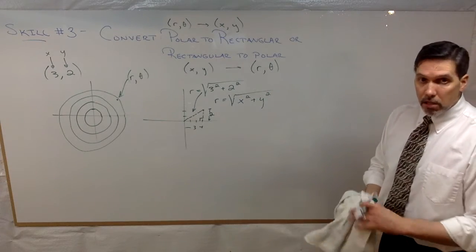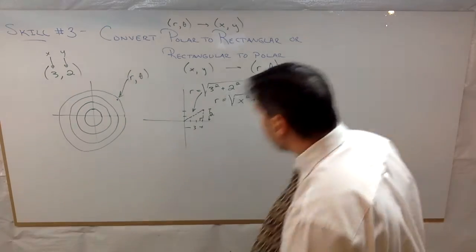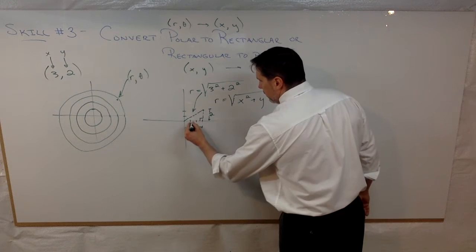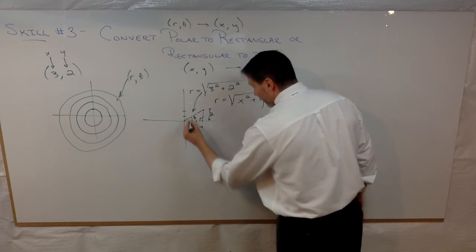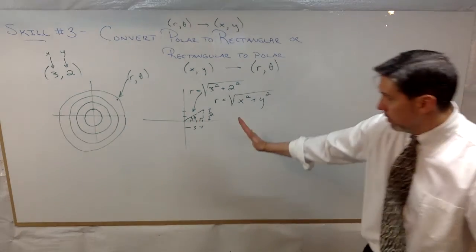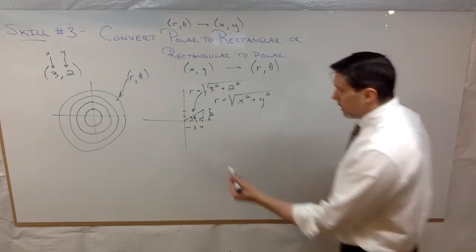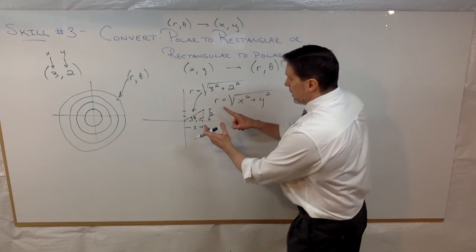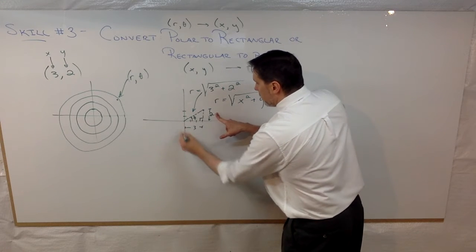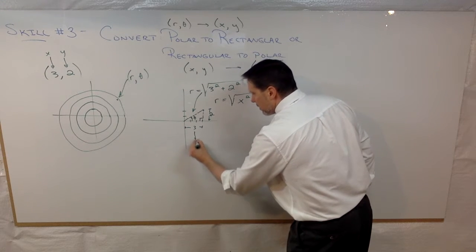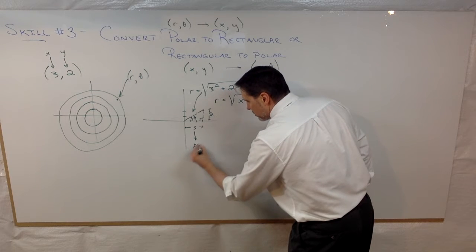That's all it is. Now, a little bit trickier. To figure out your theta, again, there could be multiple thetas here. We're going to go with the simplest one. To figure out that theta, you say, okay, all I have to go on is my x and my y coordinate. My x is my adjacent.